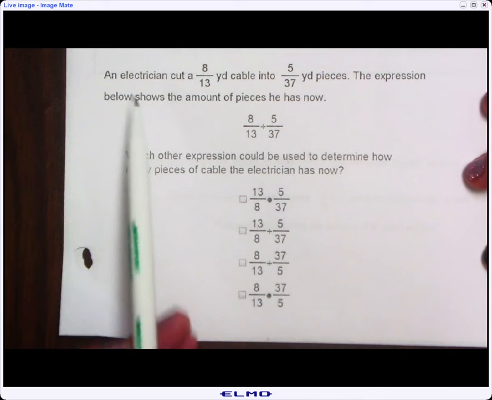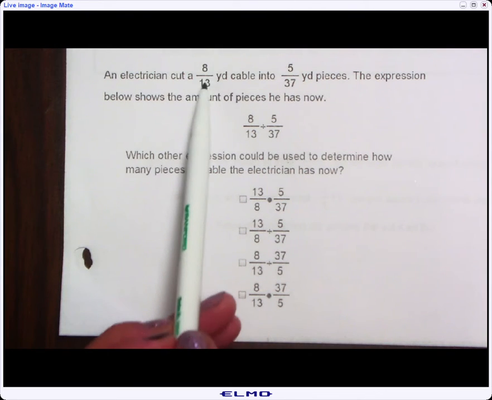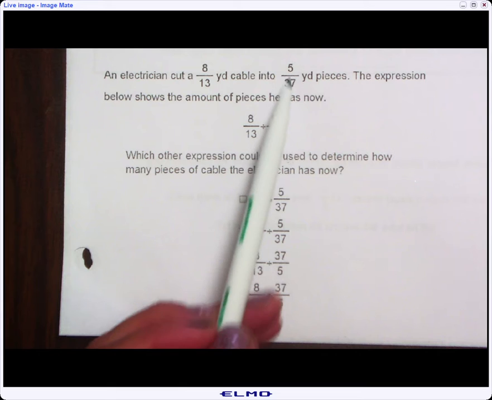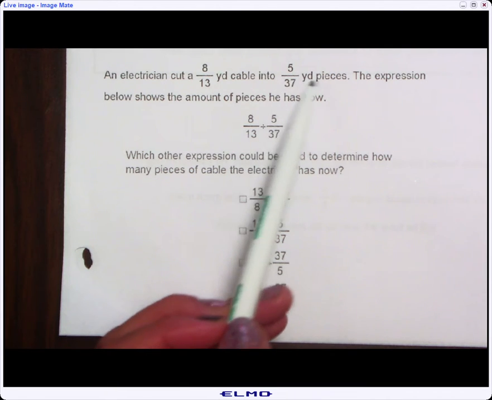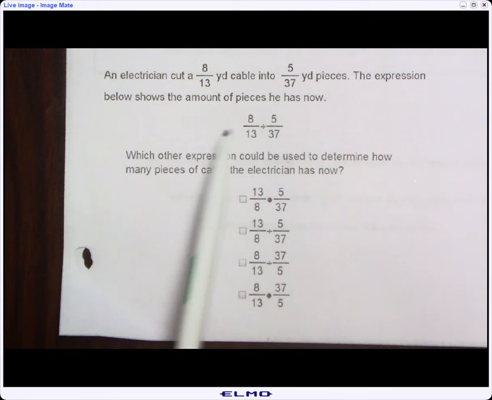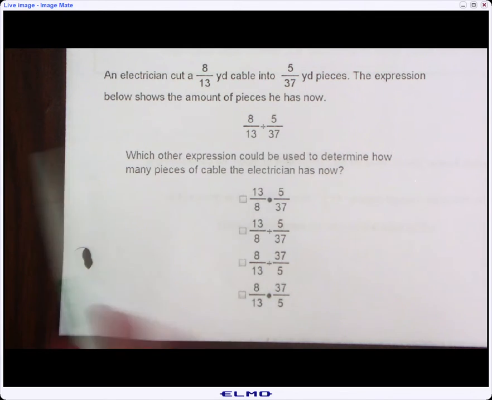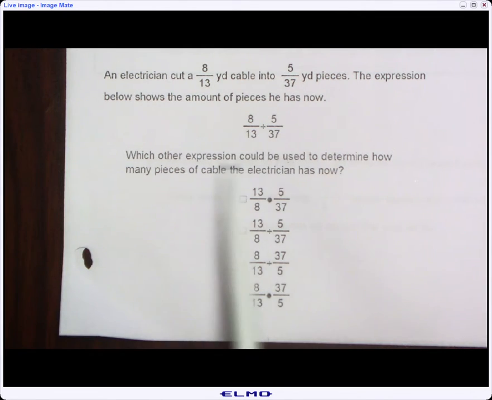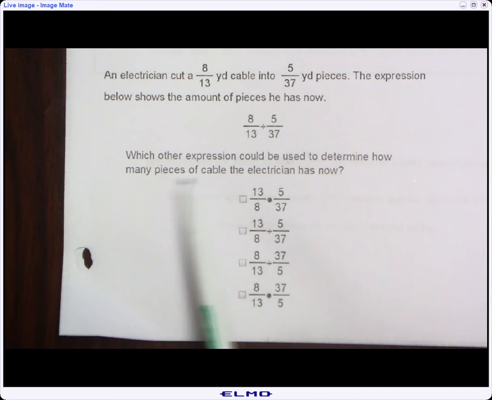An electrician cut an 8 and 13-yard cable into 5 and 5 37th-yard pieces. The expression below shows the amount of pieces he has now. So right here is the math expression. Which other expression can be used to determine how many pieces of cable the electrician has now?